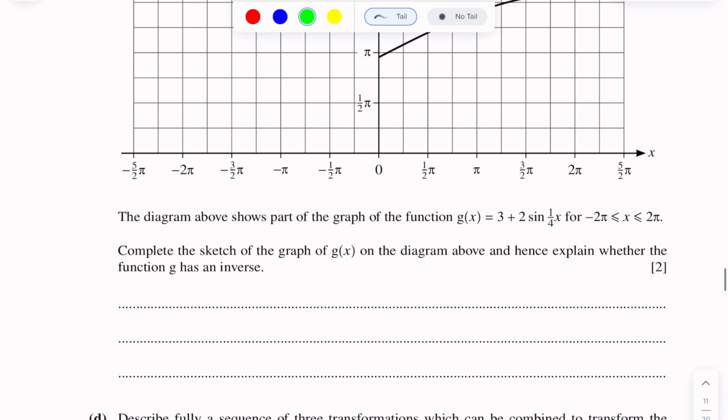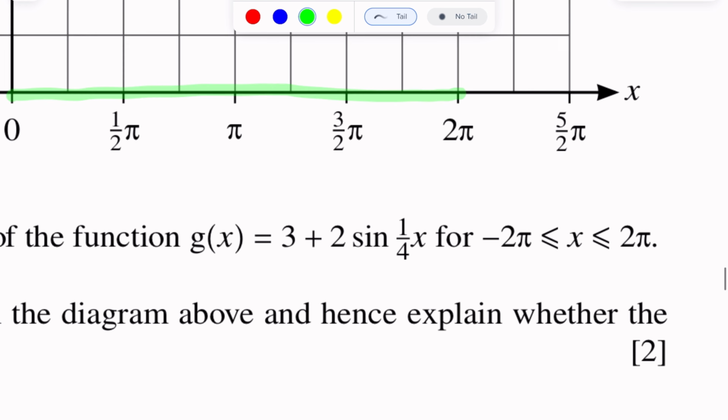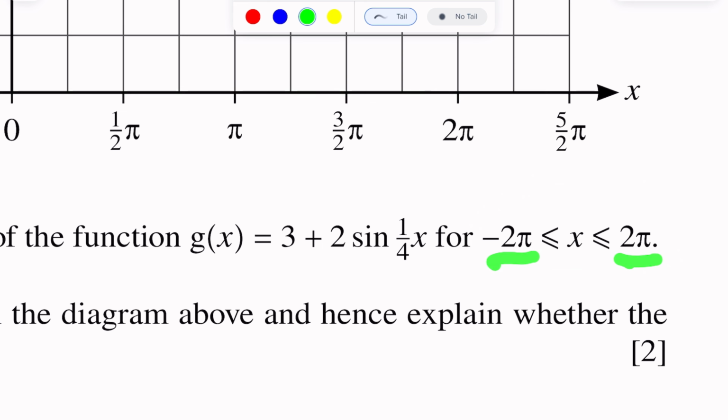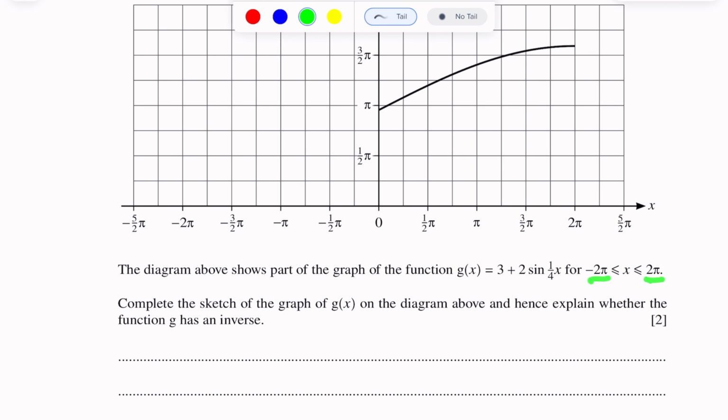This is a part of the graph from 0 to 2 pi, but the interval is given as minus 2 pi to 2 pi. Minus 2 pi is here, 2 pi is here.